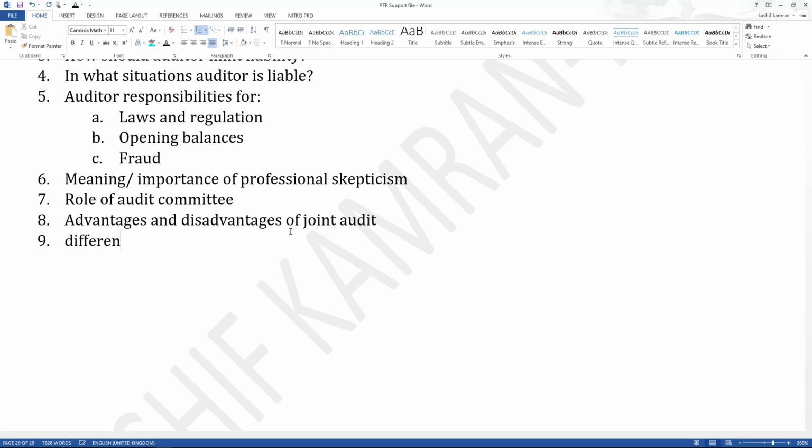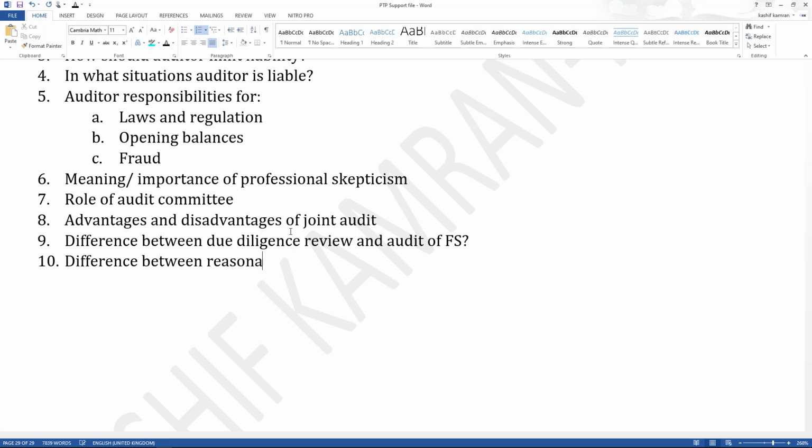What's the difference between due diligence and audit? What's the difference between a due diligence review and an audit of financial statements? Or what is the difference between reasonable assurance versus moderate assurance?